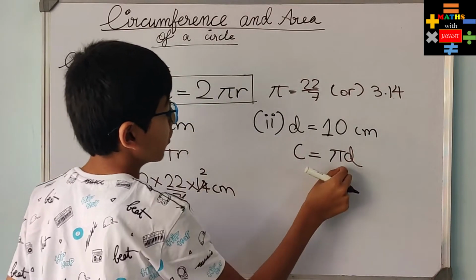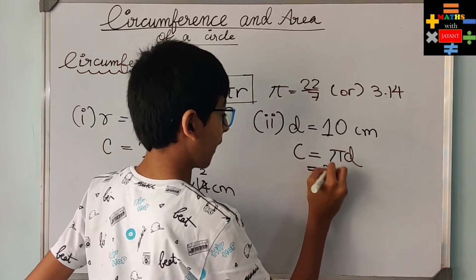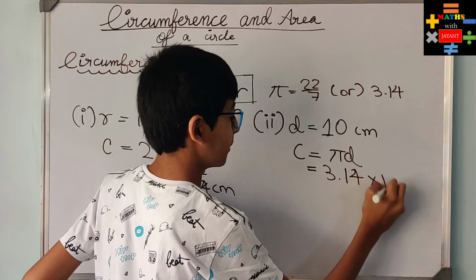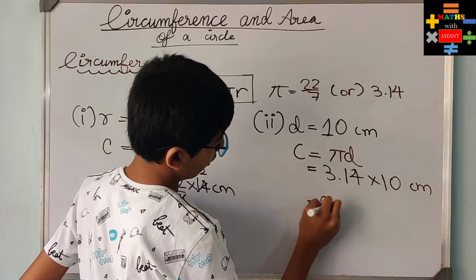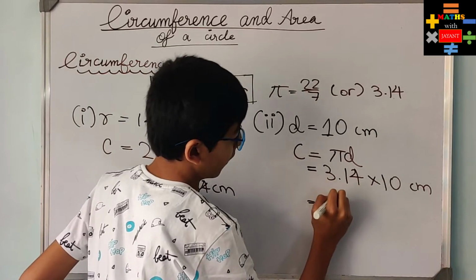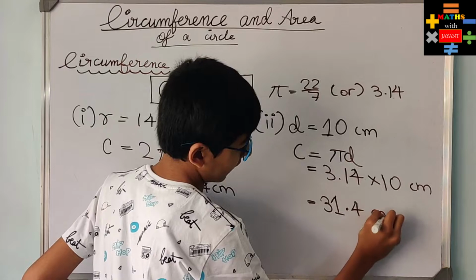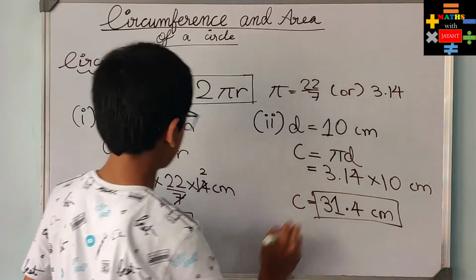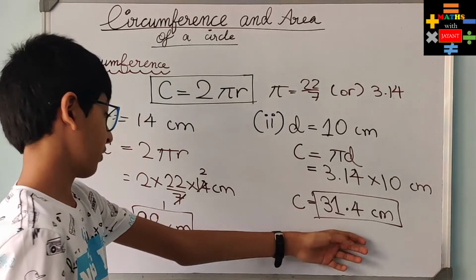So circumference is equal to pi into diameter. Let's use pi as 3.14 here into diameter, 10 centimeter. This when I solve, the decimal point moves one place to the right, I get 31.4 centimeter. So if my diameter is 10 centimeter, then the circumference would be 31.4 centimeter.